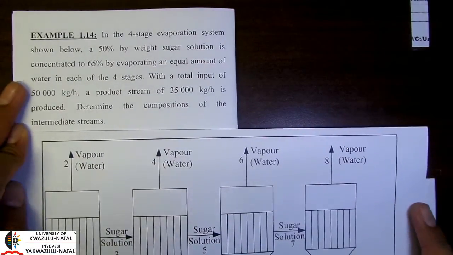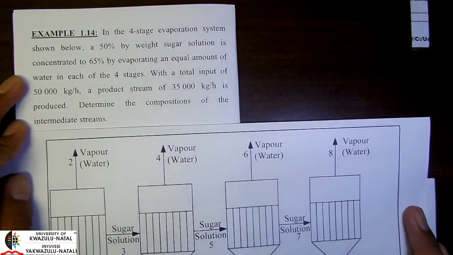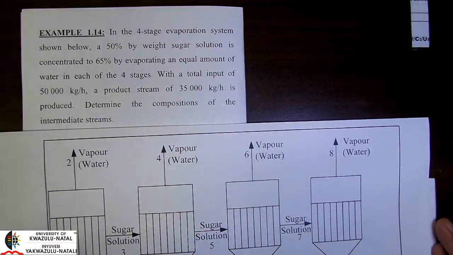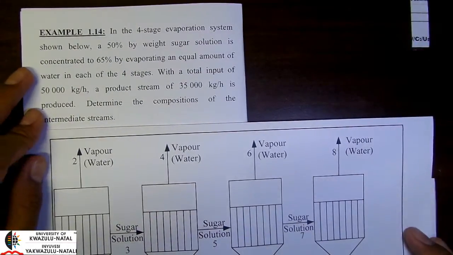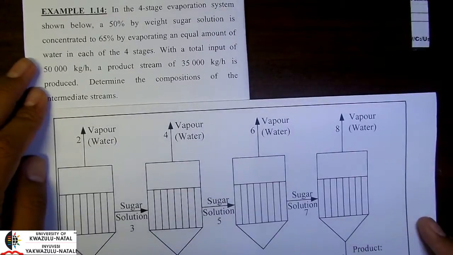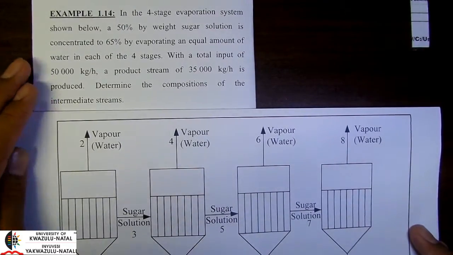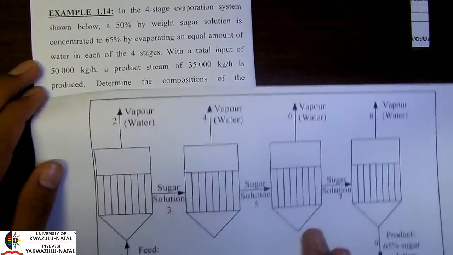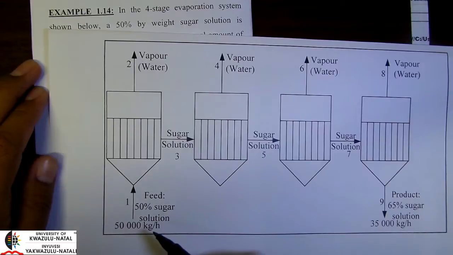Now let's look at a slightly more complicated example, and we're just going to look at how to draw up a degree of freedom table for this particular example. Okay, this is a 4-stage evaporation system, and we have a 50 weight percent sugar solution.